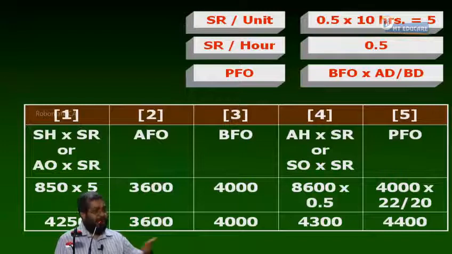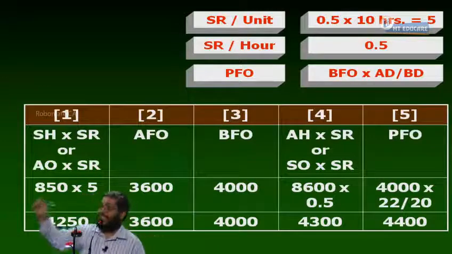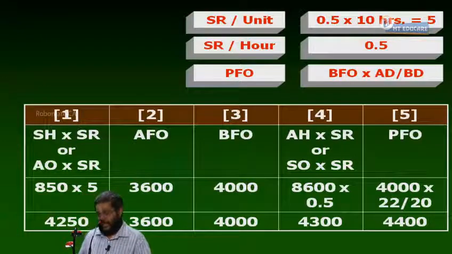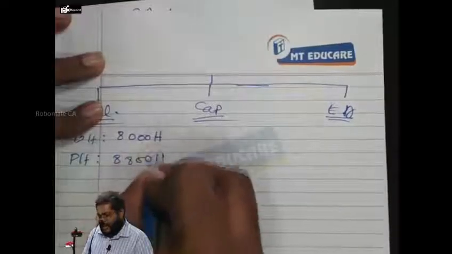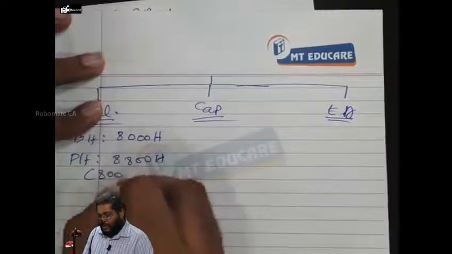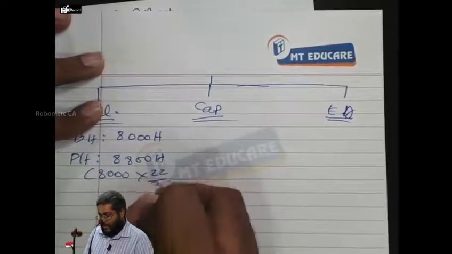Now, I have come to the factory for 22 days. In that case, the possible hours that could have been worked is 8,000 into 22 by 20. You got how many hours here? 8,800 hours.